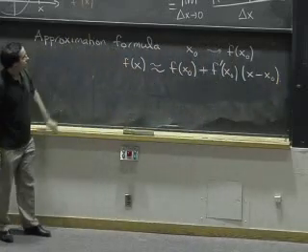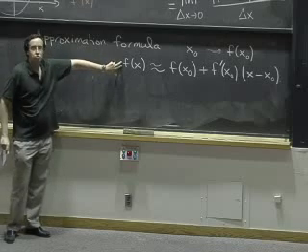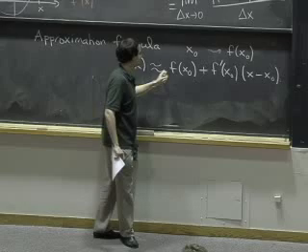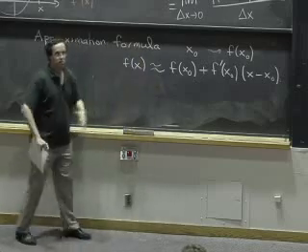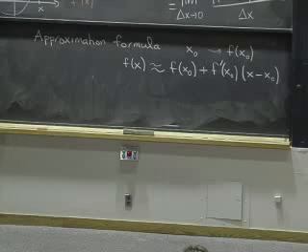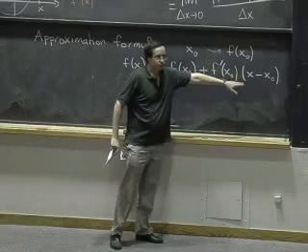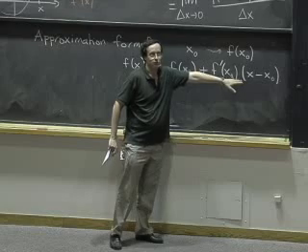Is this kind of familiar to you? Maybe with different notations. Maybe you called that delta x or something. Maybe you called that x0 plus h or something. But it's the usual approximation formula using the derivative. If you put more terms, then you get the dreaded Taylor approximation that I know that you guys don't like.